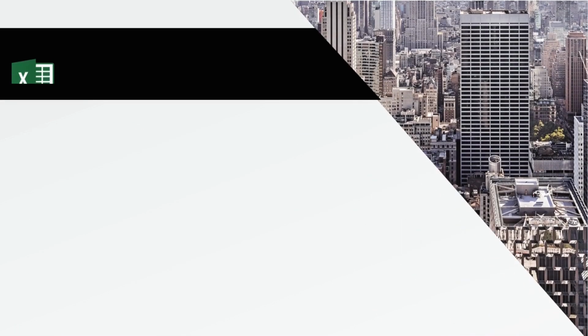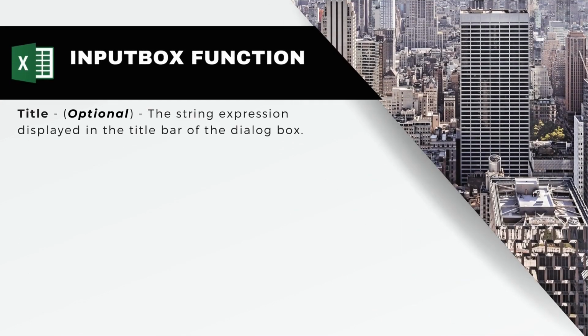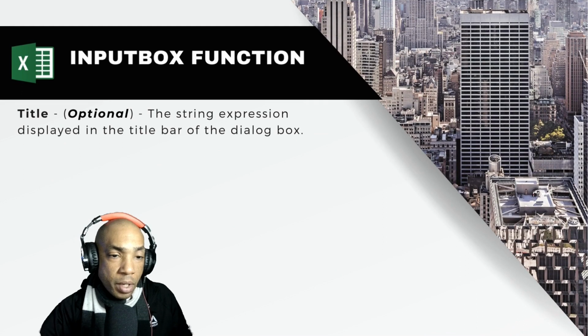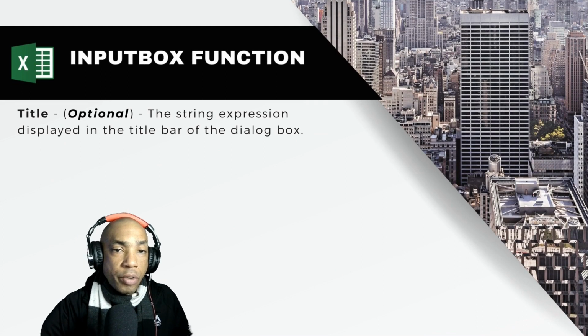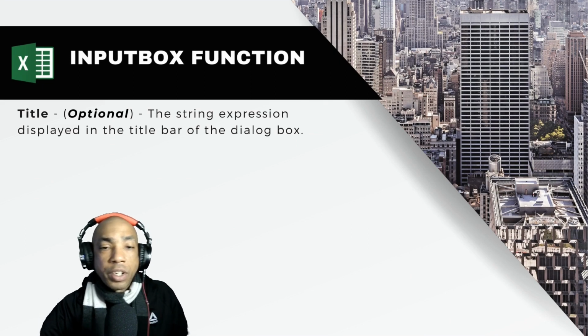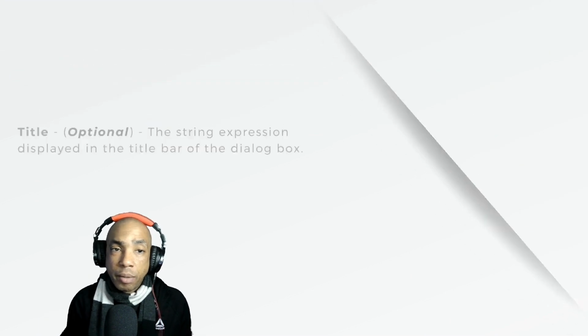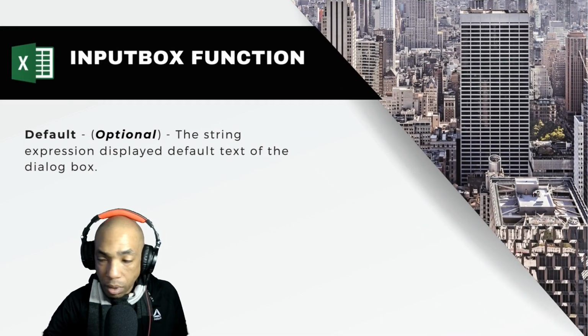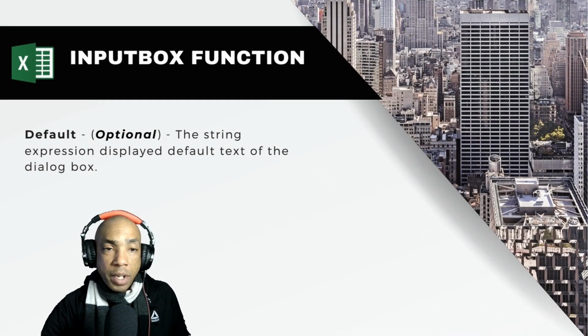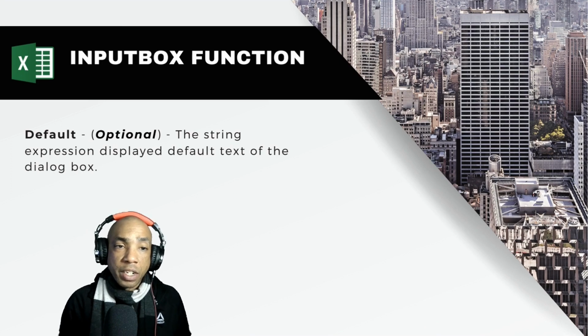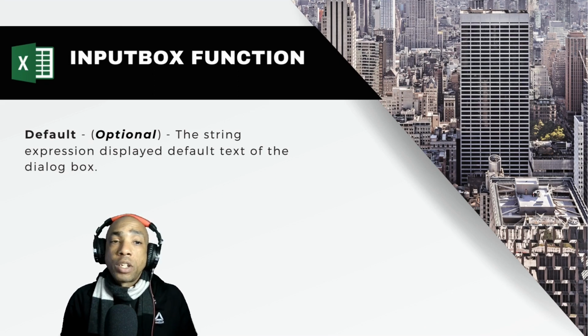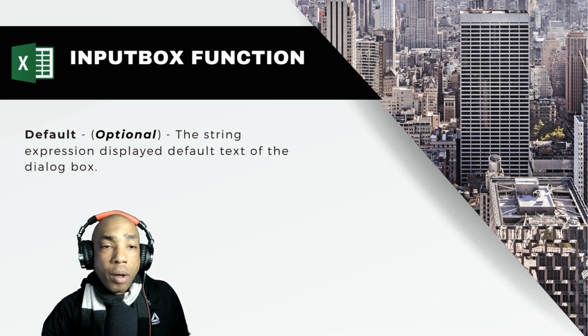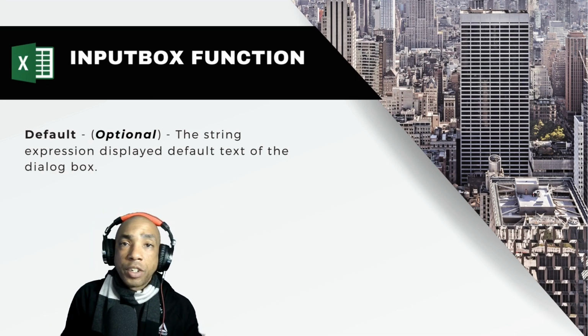Now, the title is optional, and it is a string expression displayed in the title bar of the dialog box. If it's not there, it's just going to display the application name. The default is basically the default text. It's a string expression displayed as default text in the dialog box. And it's optional as well. So almost everything at a certain point is just optional.